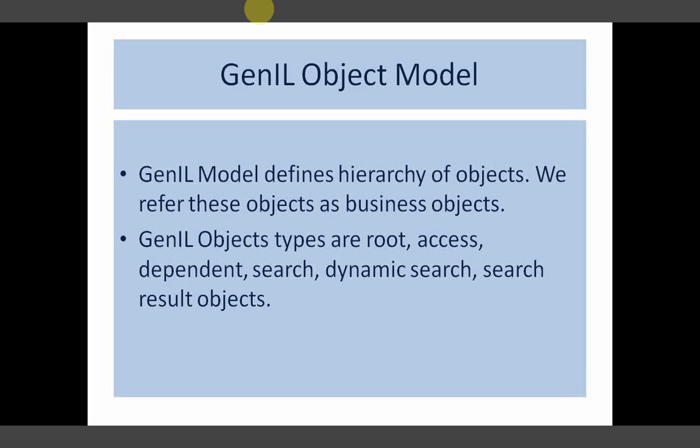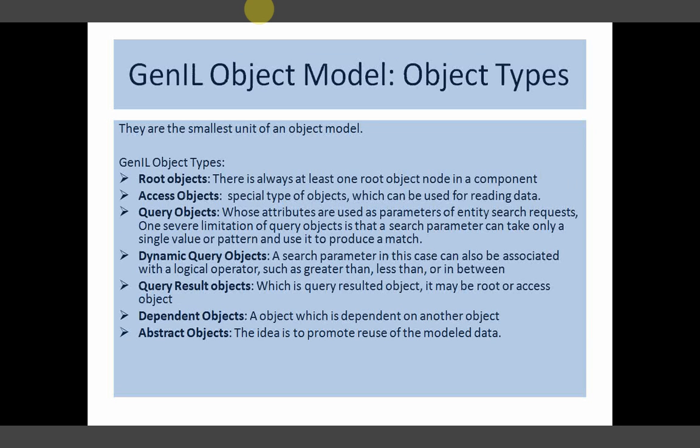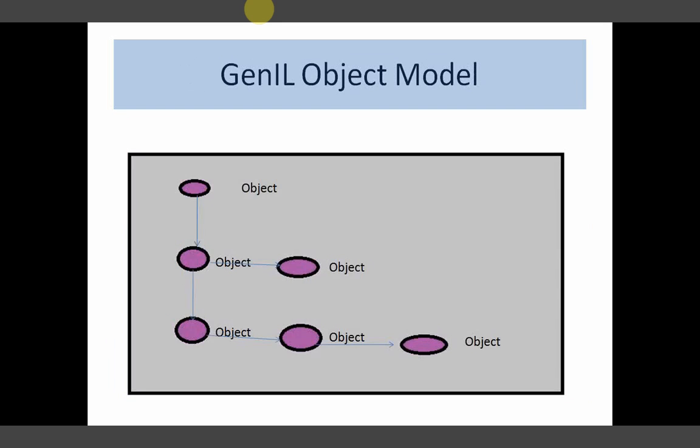And again, what does the Genil object model define? It defines a hierarchy of objects. We refer to these objects as business objects. As I told you earlier, a business object contains the data of the business. These objects should contain data. So who is throwing the data?